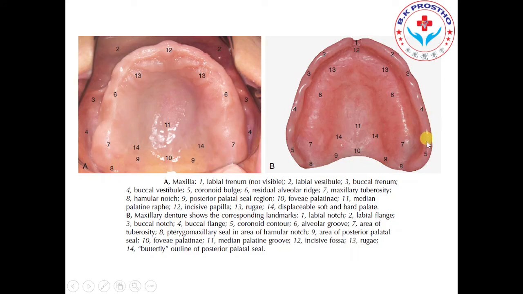This is the buccal flange of the maxillary denture, and this is the labial flange of the denture. This is the alveolar groove, you can see here. This is the central part of the denture, which should be relieved because the mucosa is very thin. And this is the post dam area of the denture.